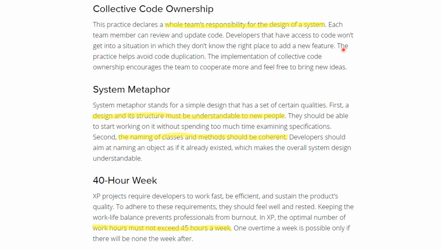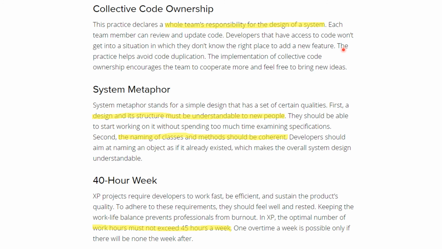All right, the next practice is system metaphor, which stands for simple design, right? There are two steps involved. One is that the design and structure must be understandable to new people. So you need to have a system metaphor where you talk about your core practices and your design practices, and the entire design and structure should be understandable to new people.